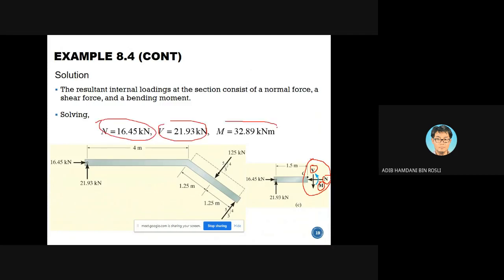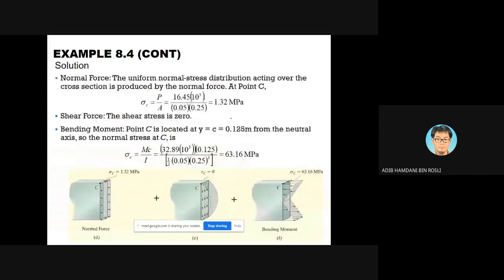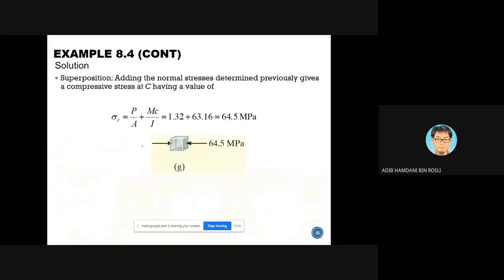You don't have torsion here, but you have these three. So you have to find individually sigma at point C due to the internal P, and then sigma at C due to internal moment M. And then for these two, you can sum them up, depending on whether it's tension or compression, as we discussed. We can superpose.